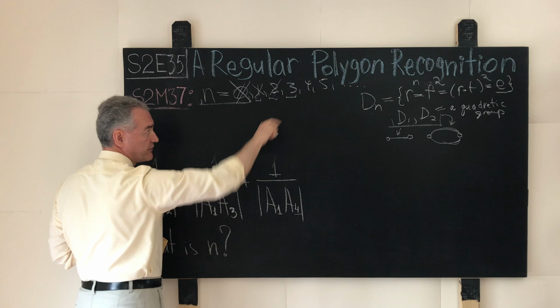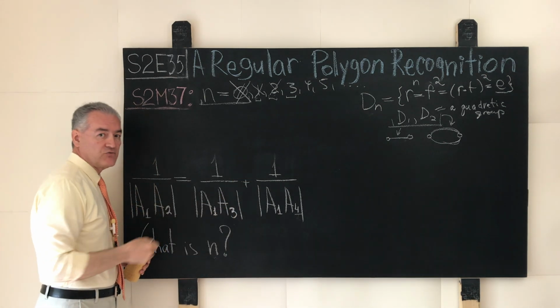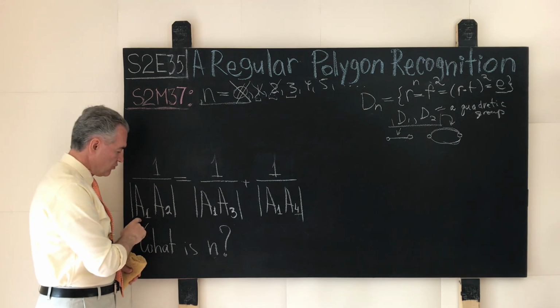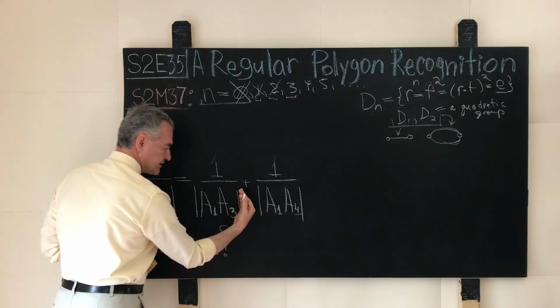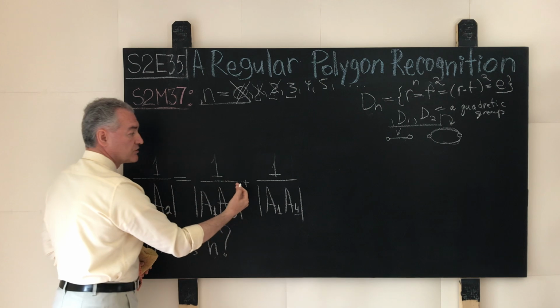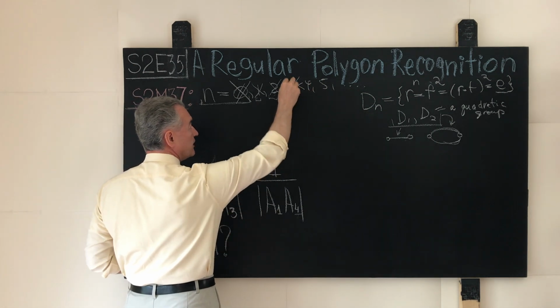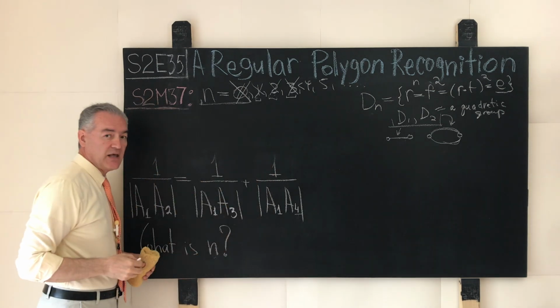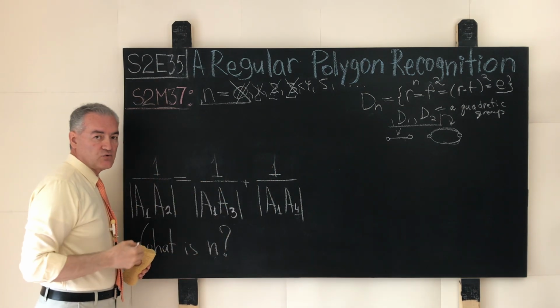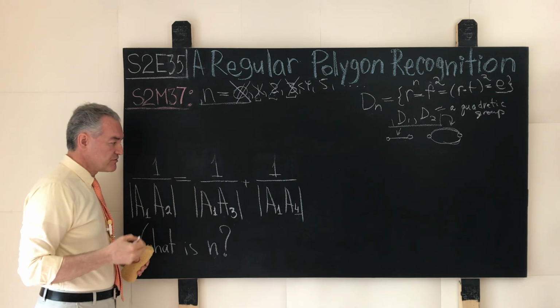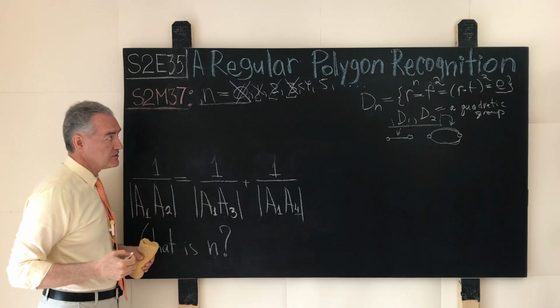If we have a regular polygon that has 3 vertices and 3 sides, the names of its vertices run A1, A2, and then A3, and then they stop. There is no A4. Consequently, because 3 is less than 4, we eliminate n equals 3.